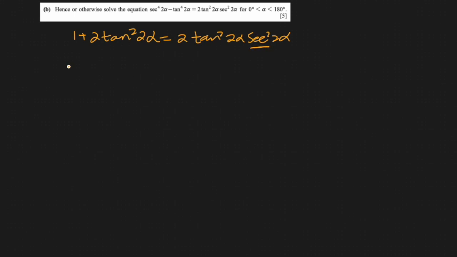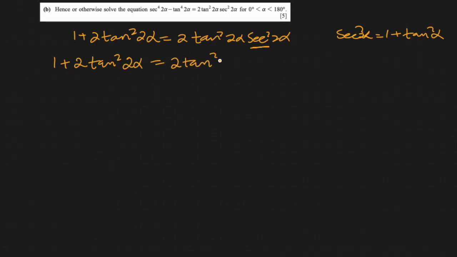This secant squared must go, and we know that secant squared 2 alpha will be equal to 1 plus tan squared 2 alpha, and that's what I'm going to do here. So 1 plus 2 tan squared 2 alpha remains what it is, and 2 tan squared alpha also remains what it is. The secant squared will change.